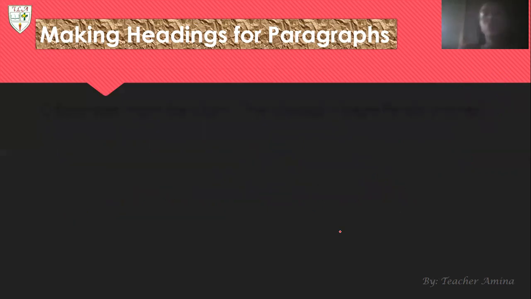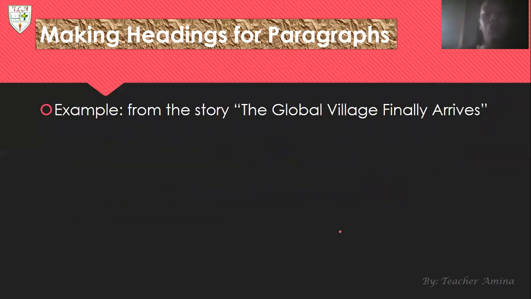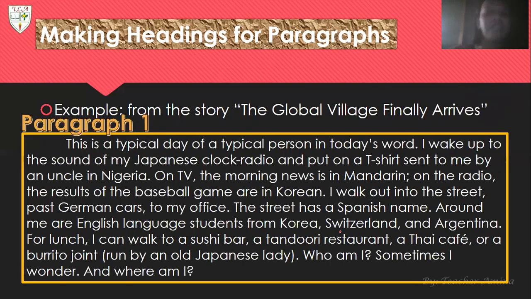Okay, let's read this paragraph from the story The Global Village Finally Arrives. This is a typical day of a typical person in today's world. I wake up to the sound of my Japanese clock radio and put on t-shirts sent to me by an uncle in Nigeria. On TV, the morning news is in Mandarin. On the radio, the results of the baseball game are in Korean.